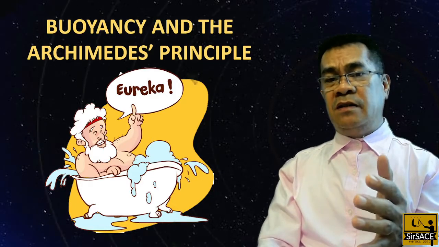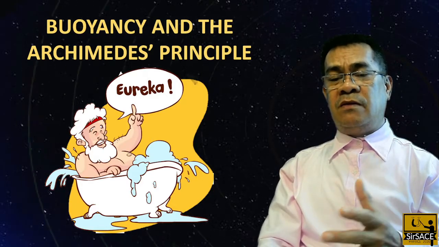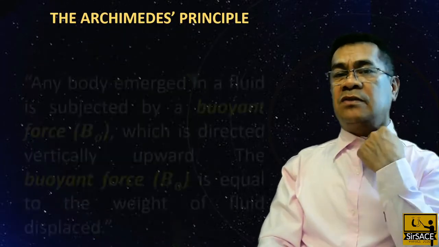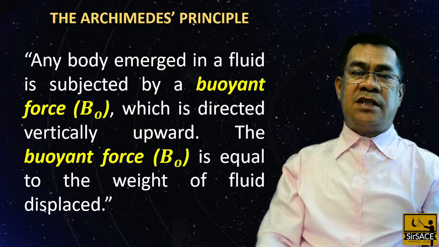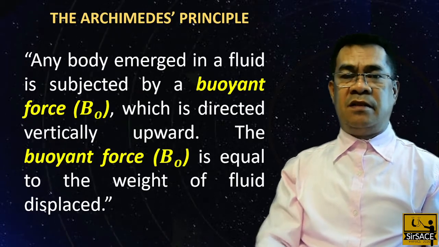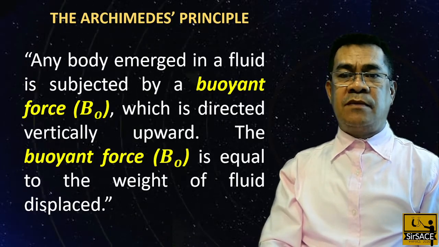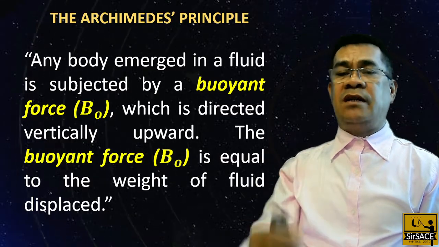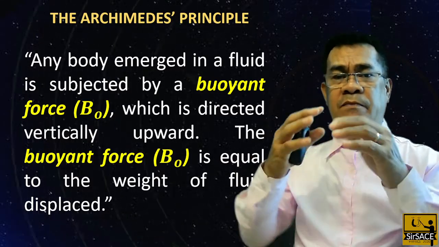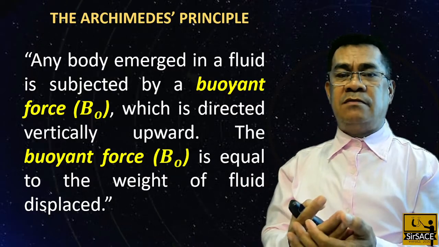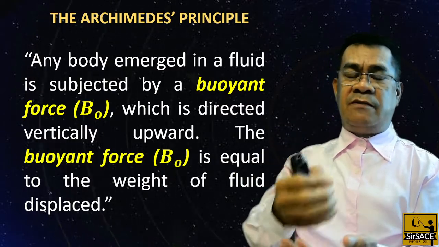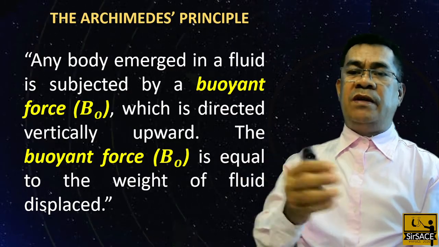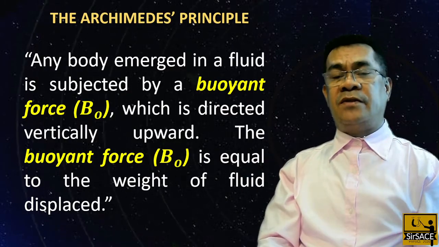Now from there, the Archimedes principle was born. According to Archimedes, any body immersed in a fluid is subjected to a buoyant force. In simple terms, any object submerged in a fluid, gas or liquid, will be exerted upon by a buoyant force.